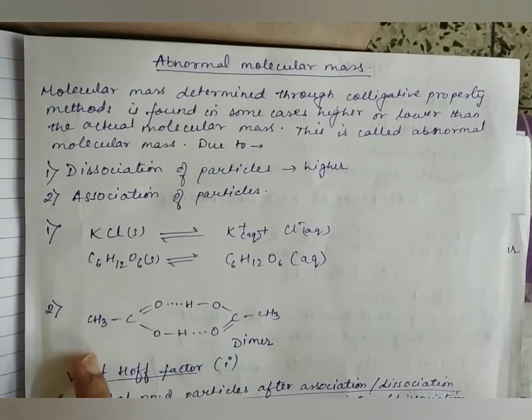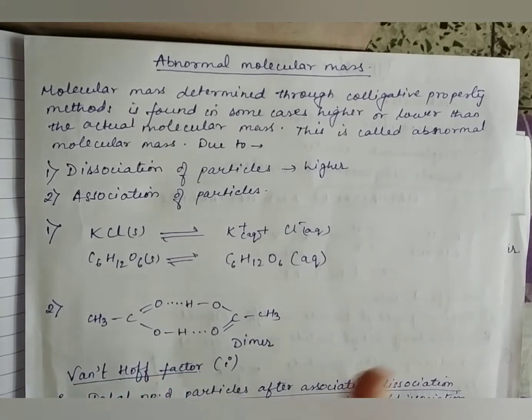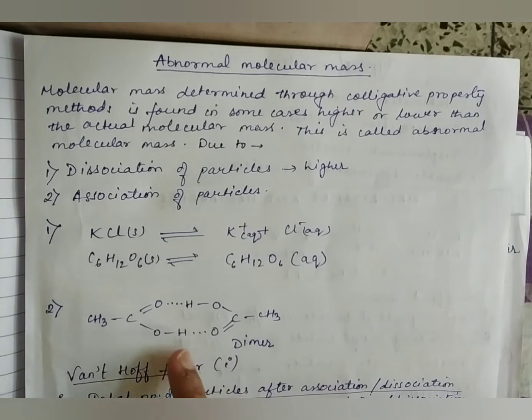So we added 1 mole of acetic acid. Now after going into the solution, since it forms this kind of dimers, the net amount of solute particles present becomes 0.5 moles or half mole. So due to this decrease in the amount of particles, the observed colligative property will have a lower value, and as a result, the calculated molecular mass will have a higher value.